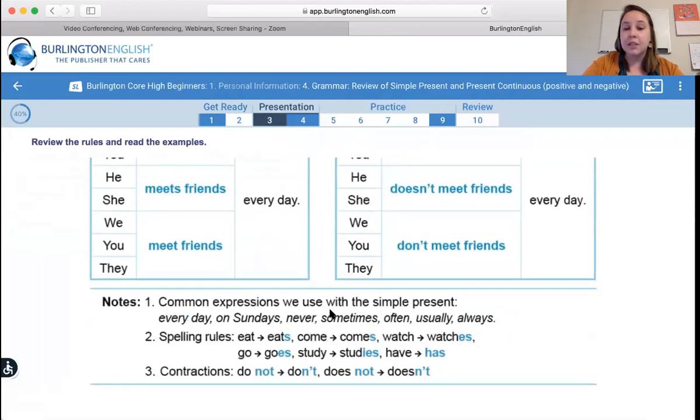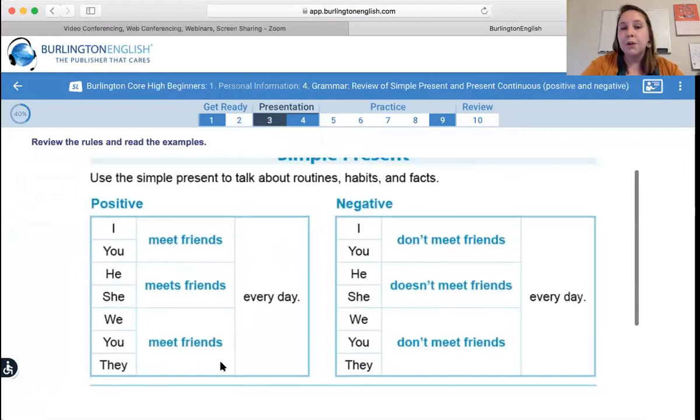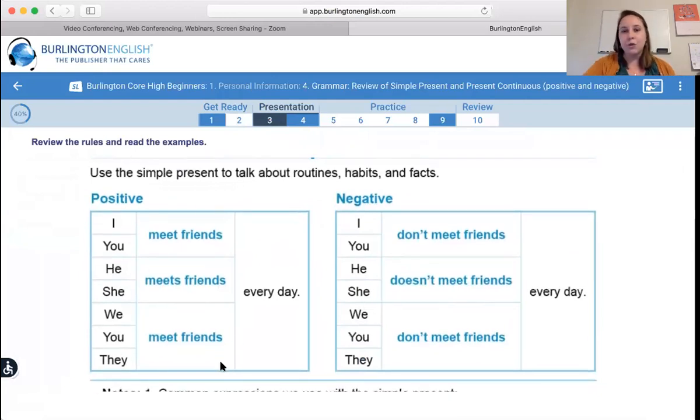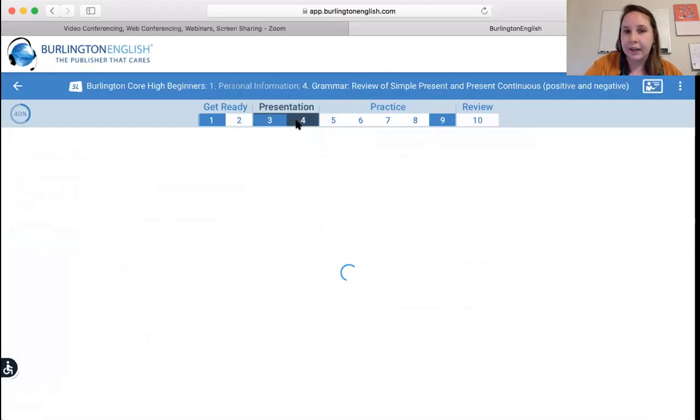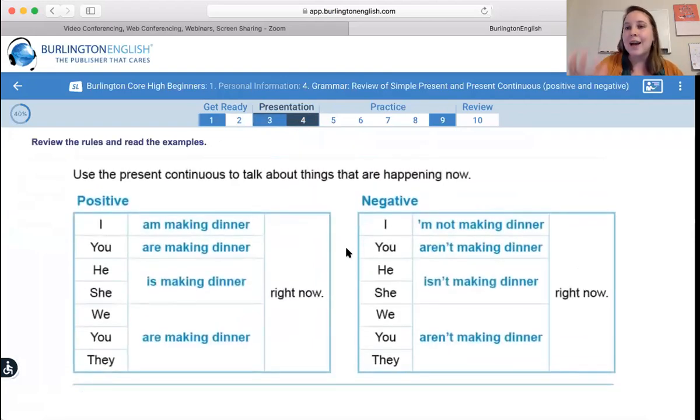You can read some of these notes, but practice using your own verbs. Practice talking about your own routines, your own habits. Talk about yourself. Don't just read it, but put your own information in there also. The same is true for the next one. Think about what you are doing right now. What's happening right now for you, or what's not happening right now for you.